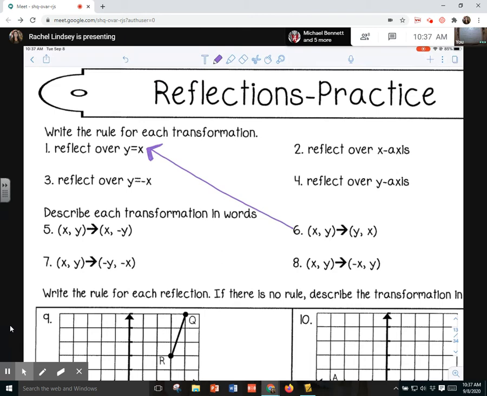So those two match up. Then, if I reflect over the x-axis, what changes, the x sign or the y sign? Y sign. So which one does it match up with? 5.